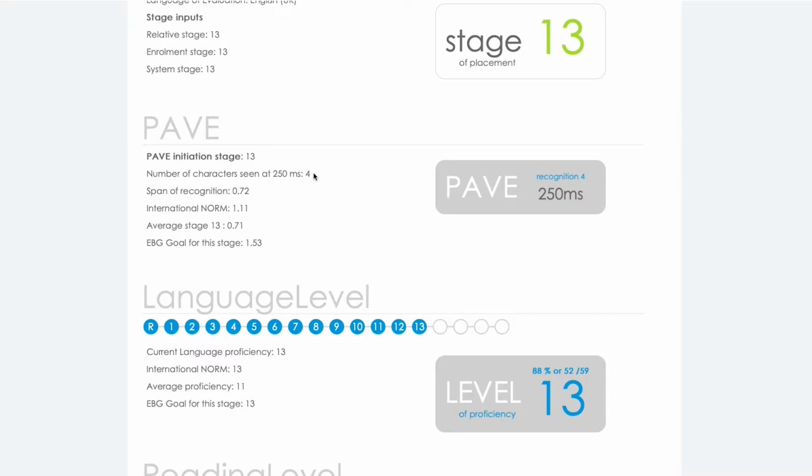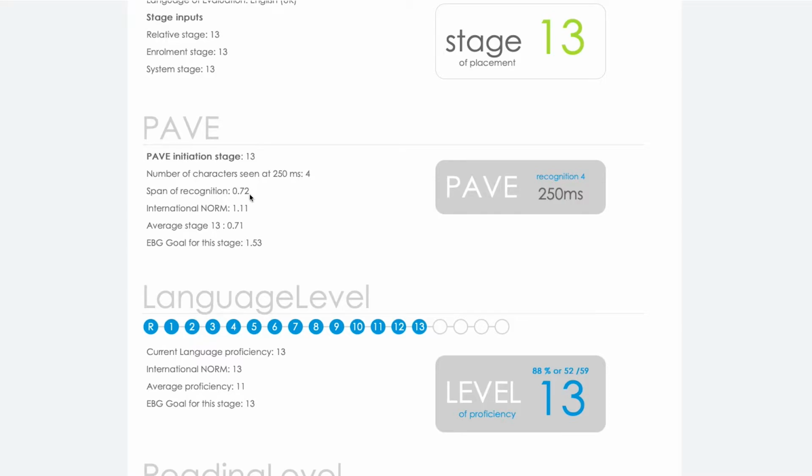So we have international norms and standards for all of these areas in reading, and you will see with the achieve, the span of recognition on this report was expected to be 1.11, and the span of recognition was only 0.72. So there's a little bit more that we can do to develop that span of recognition.